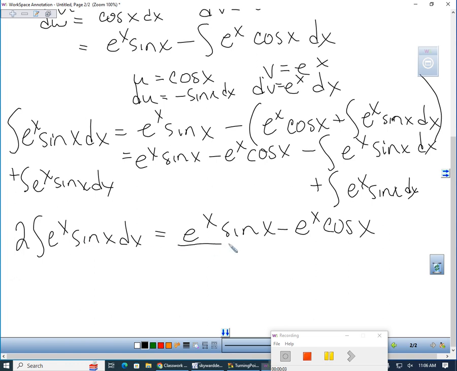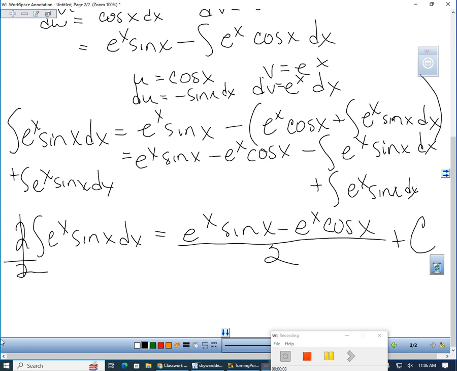So I'm going to divide both sides by 2. Cancel out, and I put plus c. So when you get back to the original integral, you can add it to the other side, and then just divide by that coefficient, and you're done.